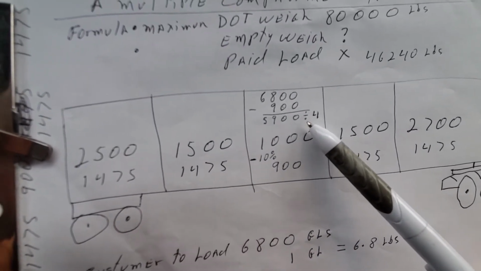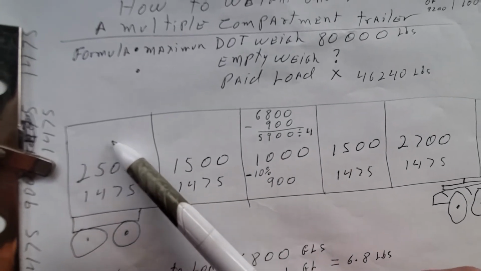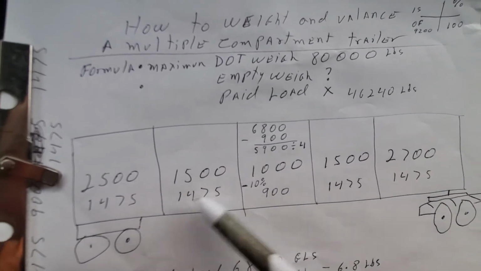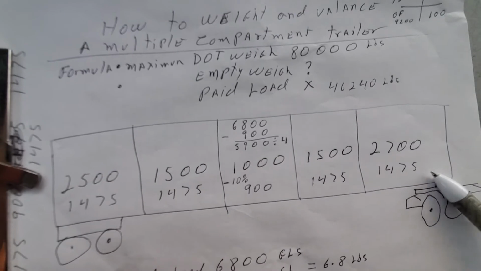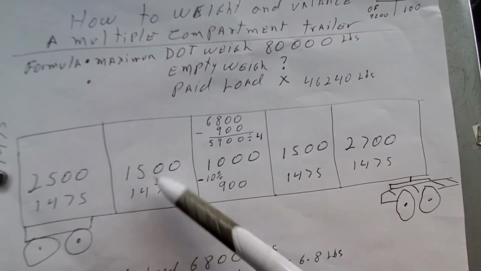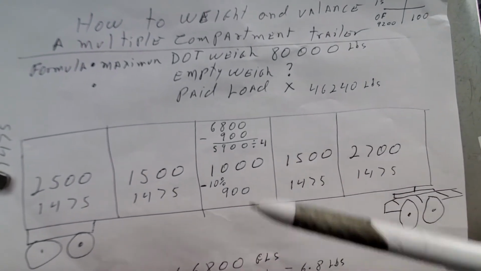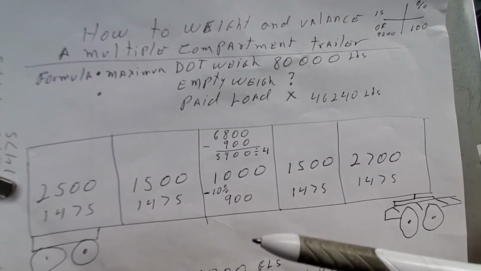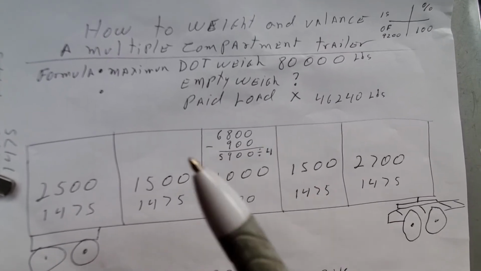Now I divide that by the 4 compartments left, 1, 2, 3, and 4, and that will give me an equal amount. So now I have that trailer fairly close to balanced, because I have the same amount in each compartment, and the center of the trailer, where the pivot point is, all the way to the top, is full.